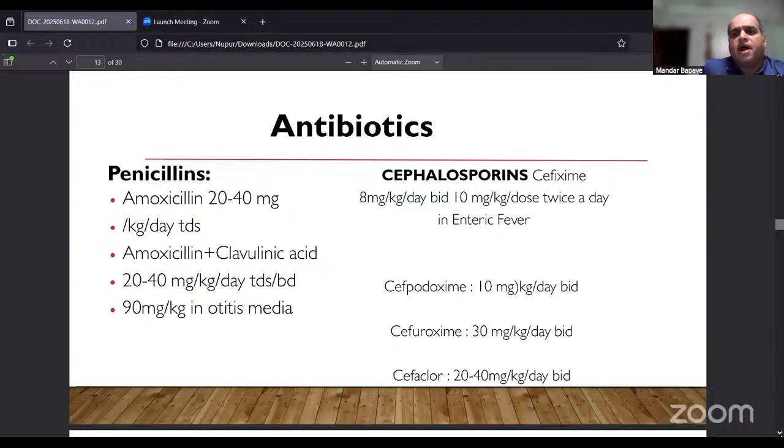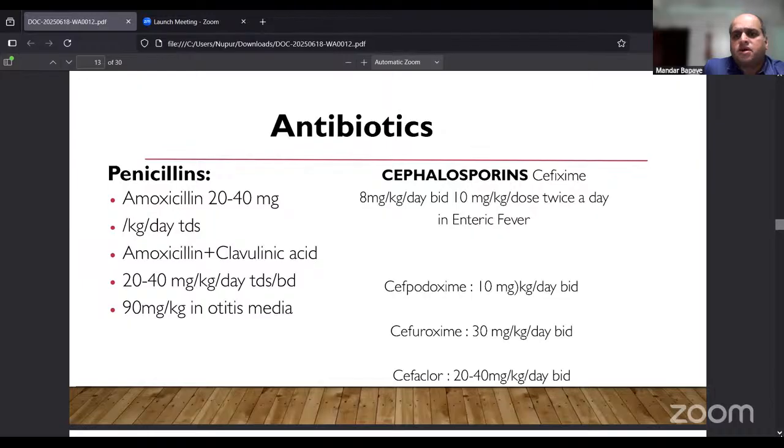Cefixime is more of a gram-negative coverage, and its common indications are enteric fever, gastroenteritis, and urinary tract infection. The dose is 8 milligram per kilogram per day in 2 divided doses, while in enteric fever, we give double the dose. So the dose is 10 milligram per kilogram per dose, or say 20 milligram per kilogram per day in two divided doses.